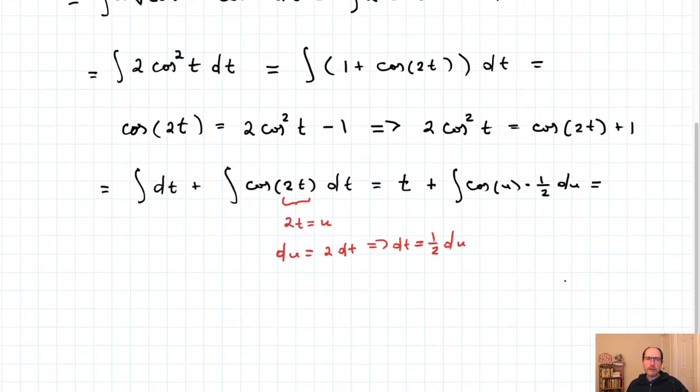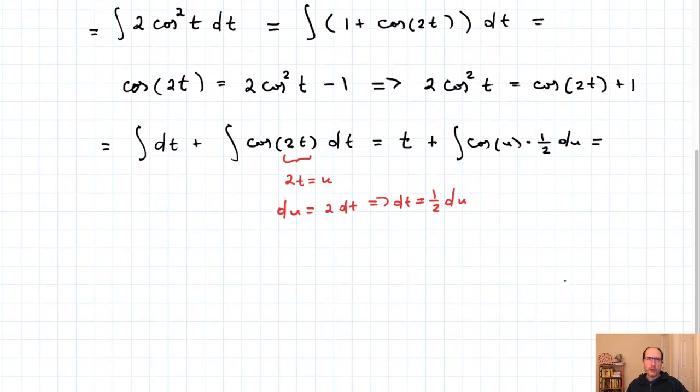The antiderivative of cosine u is sine u, and so we get t plus sine u plus c. Of course, I need to replace u with what it is in terms of t. t plus sine of 2t plus c.